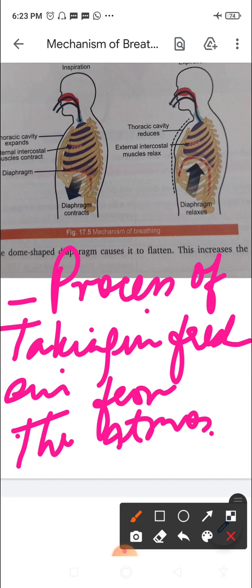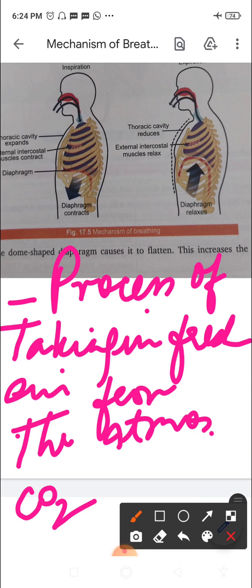The chemical reactions that take place, as we've just studied in cellular respiration, result in the formation of carbon dioxide. Carbon dioxide cannot be used up in the body, so it has to be removed because it is a waste gas. The expelling of the foul air from the lungs to the exterior of the body is also known as breathing.